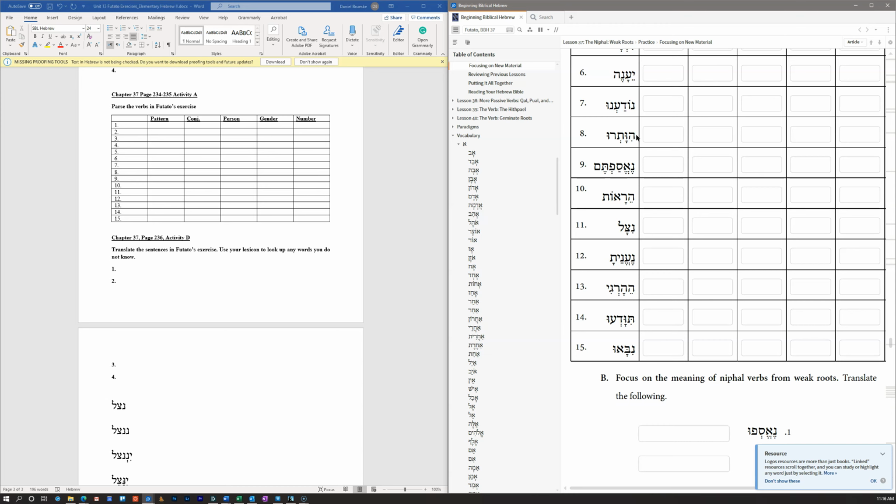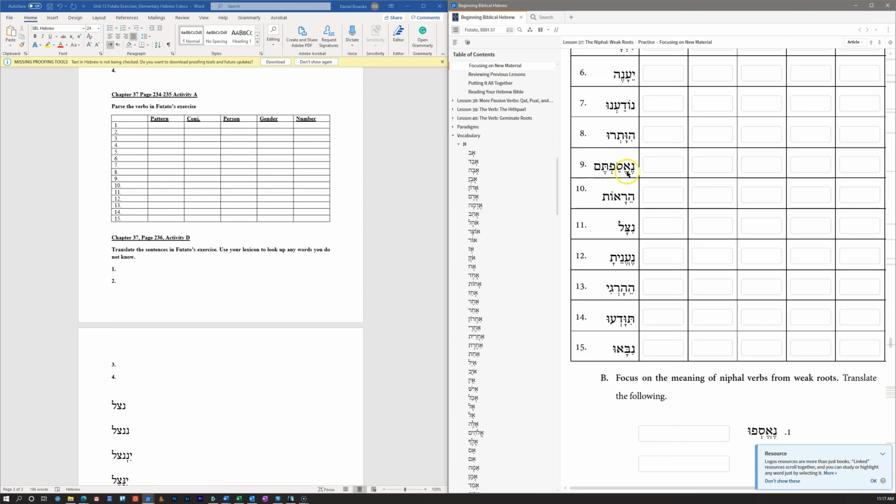The Hifil would be Hey Patach, and honestly, you might have a Hey Tsere Yod or something like that. But the reason why we know this is Niphal is because you've got the Dagesh and the Qamets in R1. All right, so if this is imperative 2MP, this is going to be something like remain, stay here, something like that.